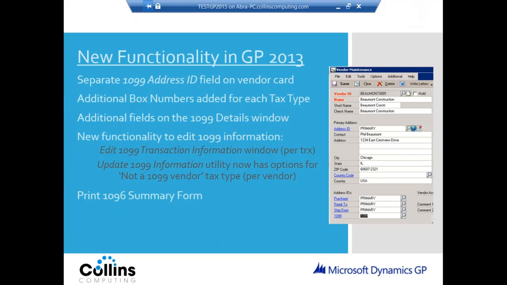And then I'll show you the other information. There are additional fields on the 1099 details window. And then we'll go into the two options you have for editing the 1099 transactions themselves, either in bulk or individually. And then the other thing that happened is that there's a new 1096 form that you can also print, not just the 1099.